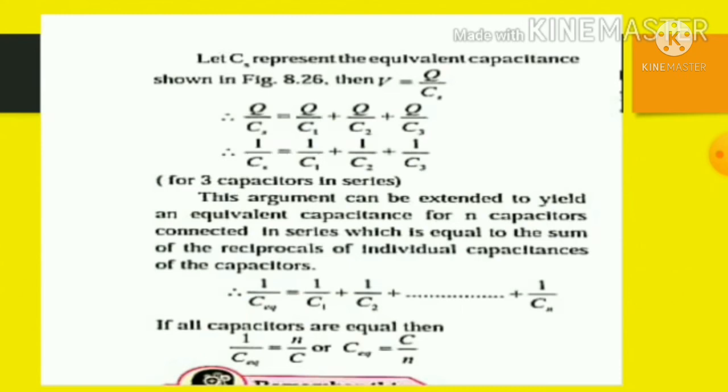Therefore 1 upon C equivalent equal to 1 upon C1 plus 1 upon C2 plus 1 upon C3 plus dot dot dot plus 1 upon Cn. This is the required equation for n number of capacitors arranged in series combination.